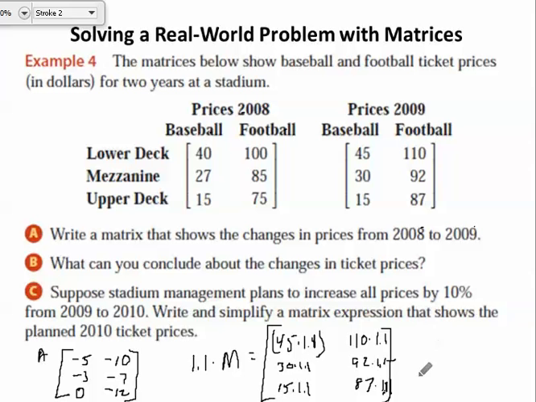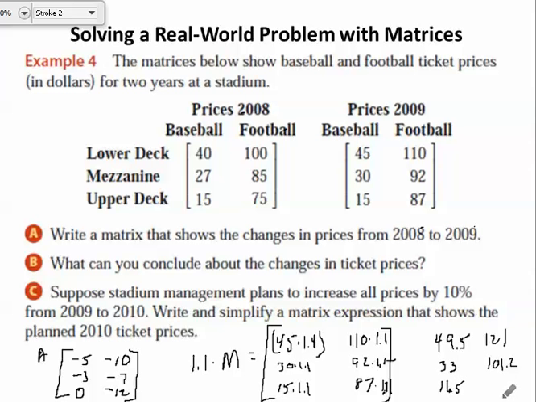So what do we got? 45 times 1.1, that'd be 45 and 4.5, that'd be 49.5. 110 times 1.1 would be $11 more, it'd be 121. 30 times 1.1, that'd be 33. 92 times 1.1, that'd be 101.2. 15 times 1.1, it'd be 16 and a half.